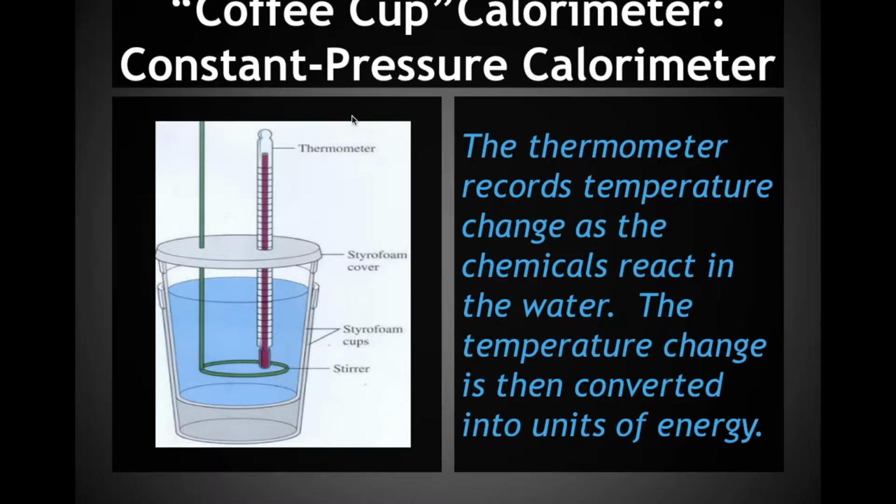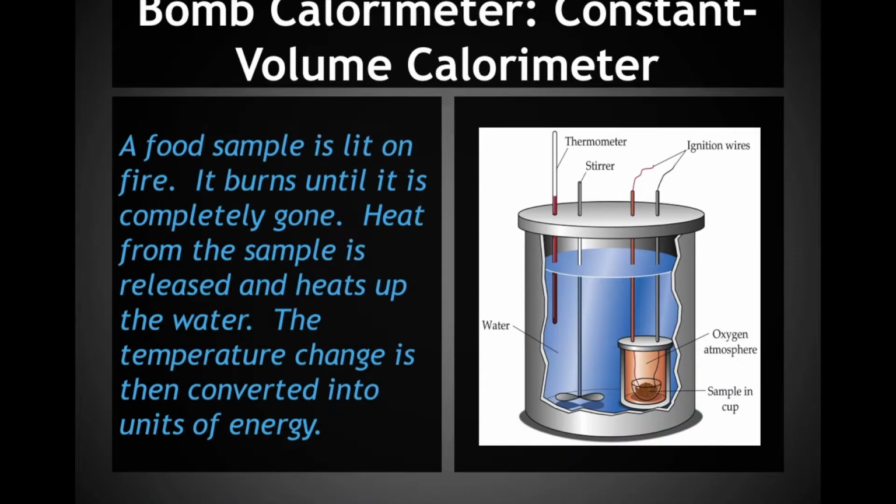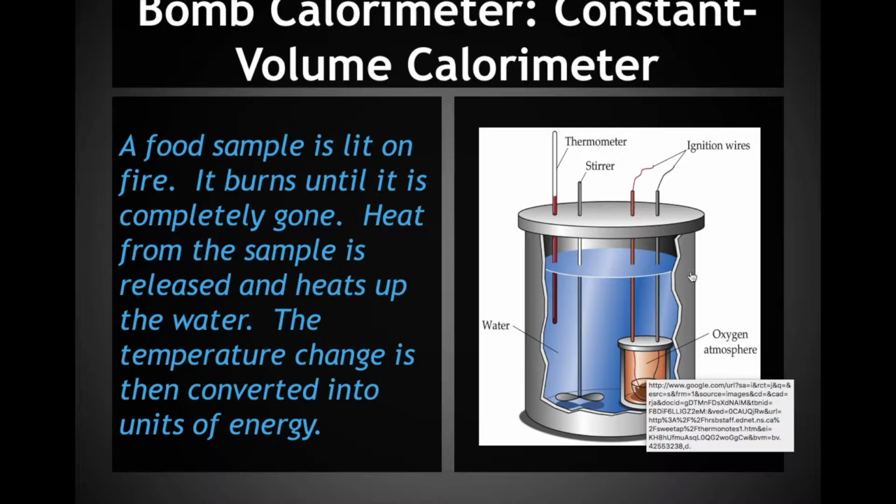If you were to go a little further into chemistry, you might use a bomb calorie meter, which doesn't mean a cool calorie meter. It means there's an actual little fire inside and you're igniting it. This one is how we measure the calories in a food or something, or when something is burned, and we measure how much the temperature change was.